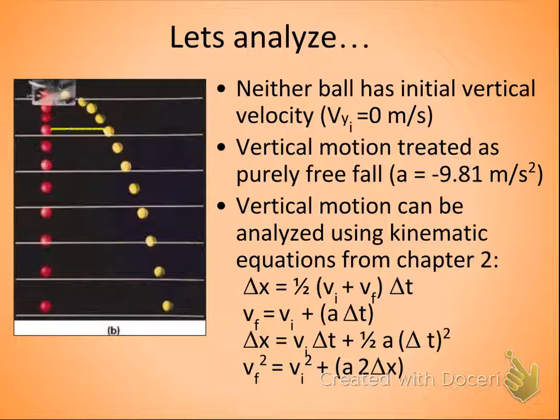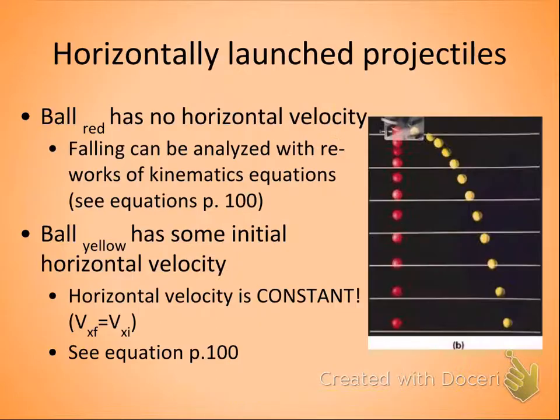And in fact, if you look at the position of each ball at each point in motion, they're lined up. Because no matter what the initial horizontal velocity on the yellow ball, its vertical motion is still purely free fall. To analyze that, all we need are our four golden equations.